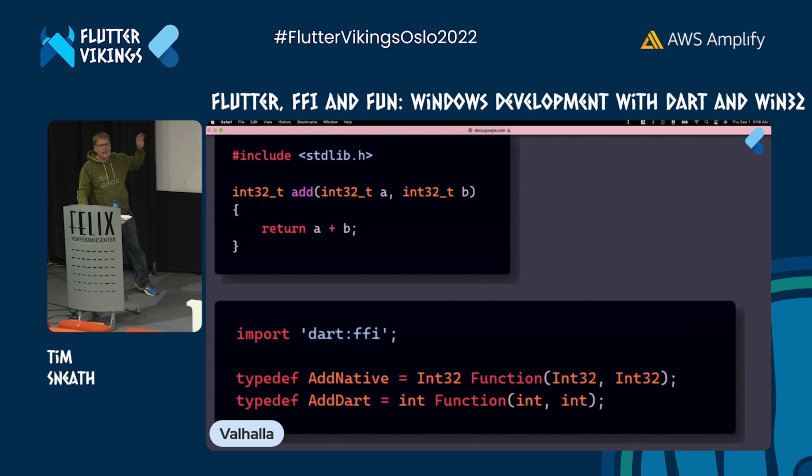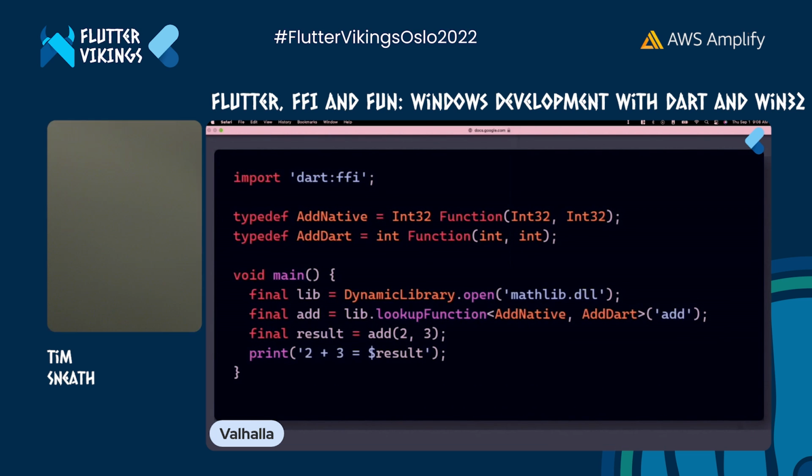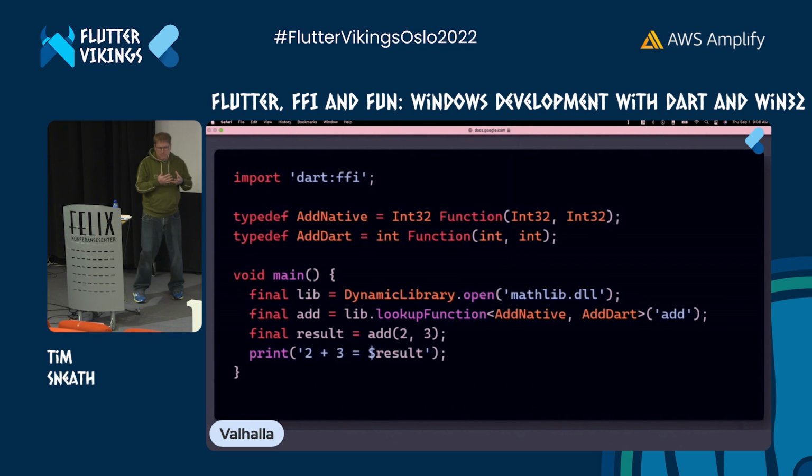And so that's the first thing you do. You just declare, here's what the C function that I want to call looks like for the FFI world, and here's the Dart equivalent. And then all you do is you take that and you add a little bit of code that maps those two things together. So here's my main code for the Dart code. What I've got here is I'm opening the library.